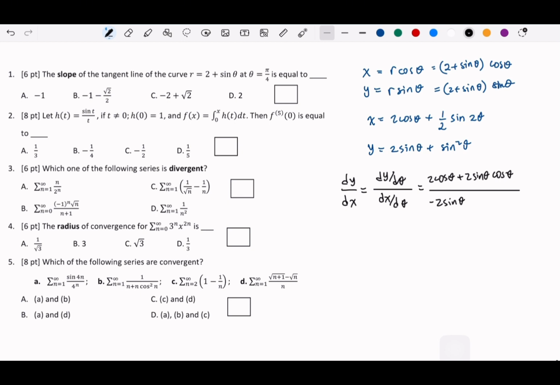This will be 2 multiplied by half, it cancels, but we need the chain rule, so we have cosine 2 theta. We can simplify it and make this sine 2 theta.